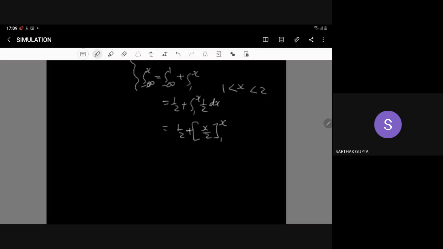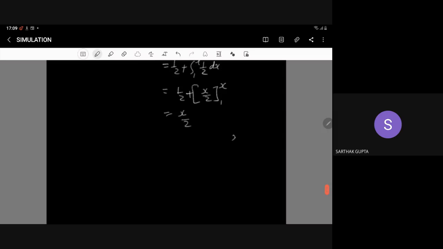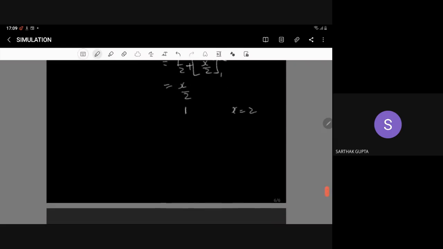So it will give you x by 2 minus 1 by 2, and the 1 by 2 will cancel out, so it will become x by 2. So when we put x is equal to 2, this will give you 1.